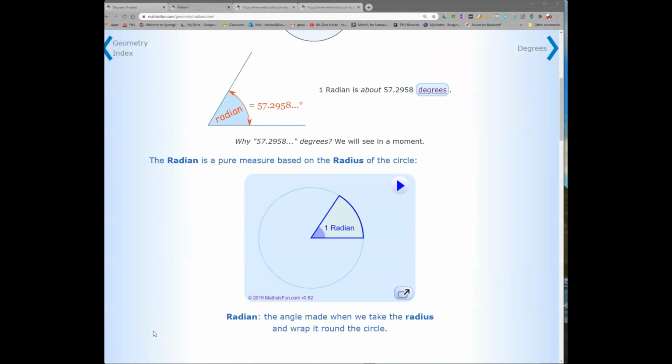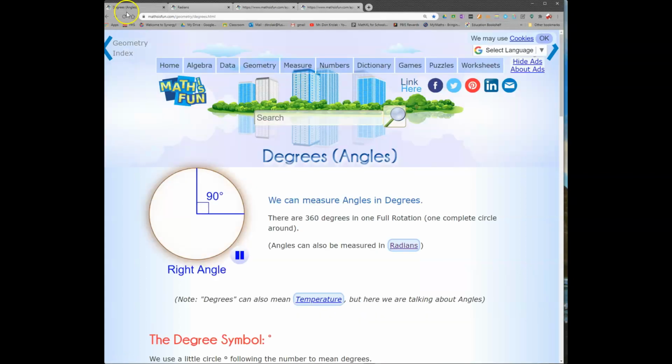So 1 radian is a lot different than 1 degree. As a matter of fact, a radian is about 57.2 degrees. So a radian is much bigger than a degree. If we look at a degree right here, as we go around this circle, these are those different angles we learned about. Okay, so that's about the size of a radian.